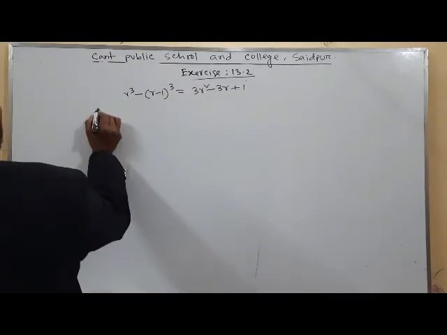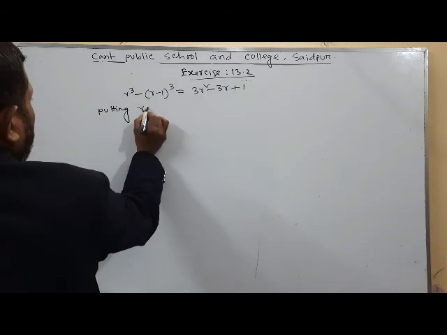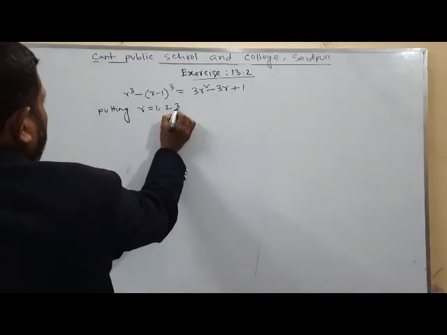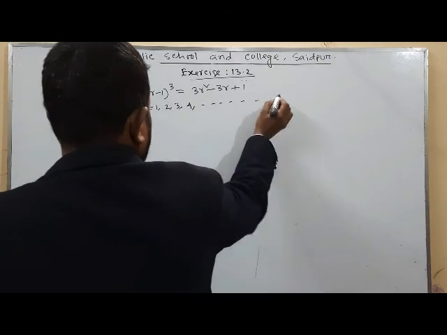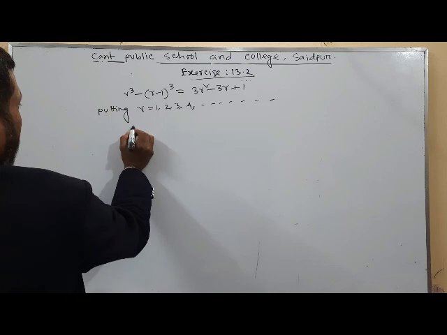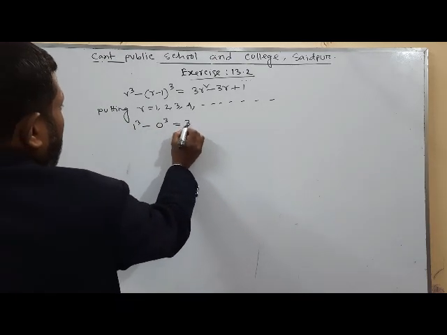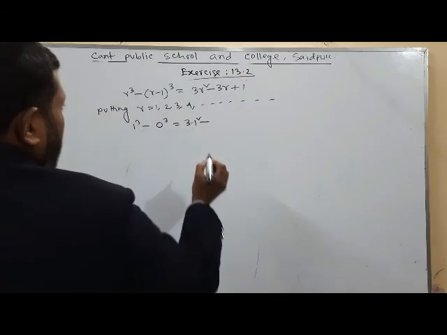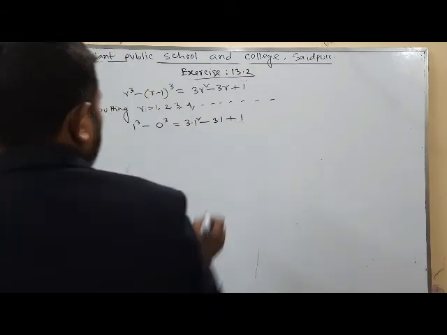Putting r is equal to 1, 2, 3, 4 dot dot dot. If we put r is equal to 1, we get 1 cube minus 0 cube, 3 into 1 square, minus 3 into 1 plus 1.